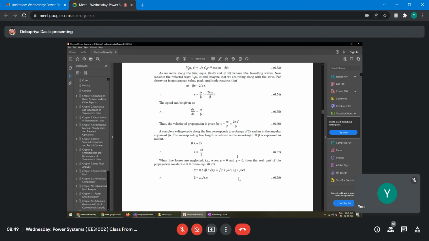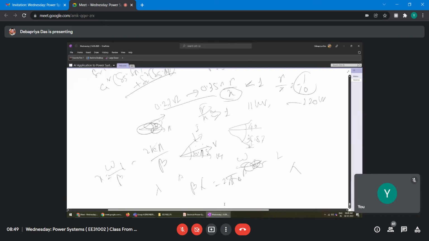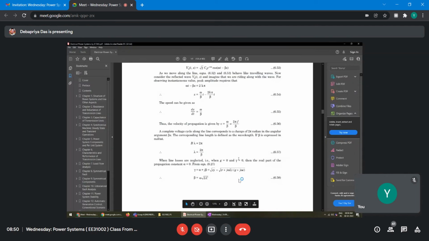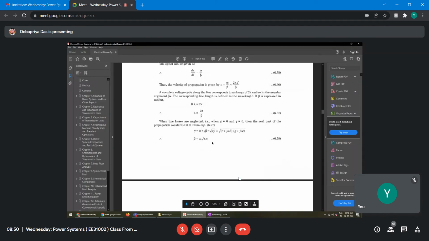Therefore, for a lossless line, beta is equal to omega root over LC.